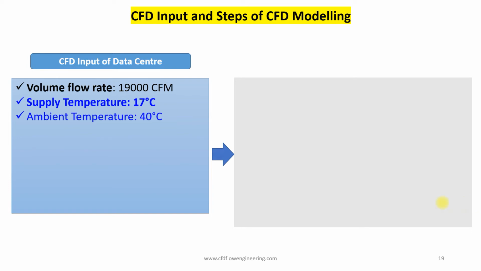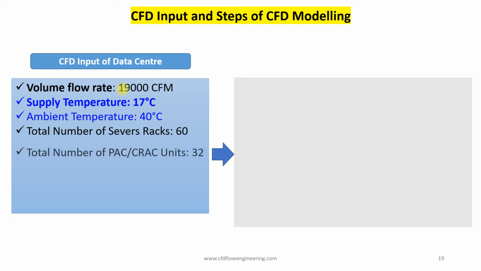Ambient temperature should be known, and the total number of servers or racks, because volume flow rate may be given on a server basis or rack basis, that should be specified.